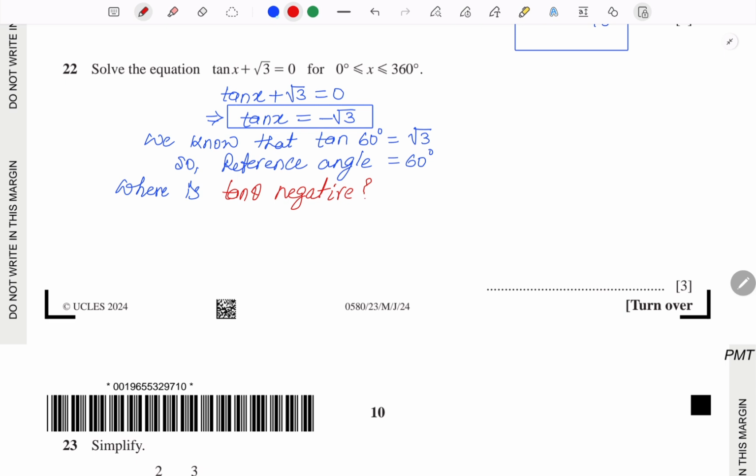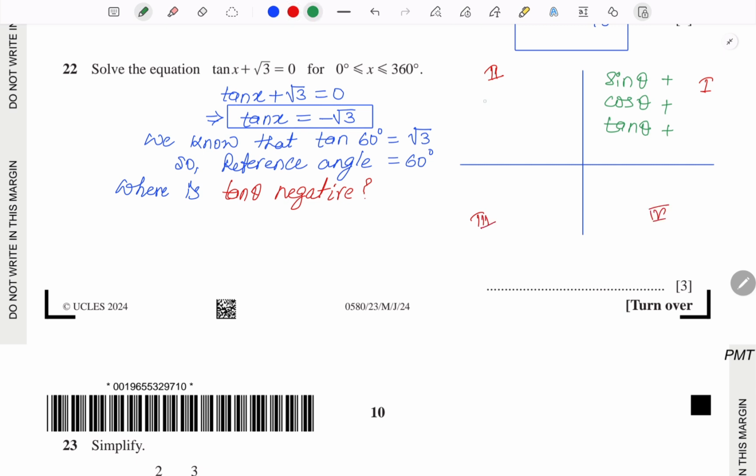We have 4 quadrants that we learned in trigonometry. In the first quadrant, all the values, sine, cos, and tan, are positive. Let me just write the quadrants here. This is the first, second, third quadrant, and this is the fourth quadrant.